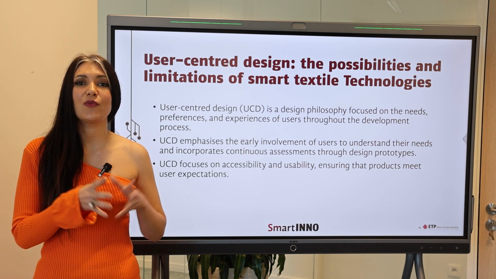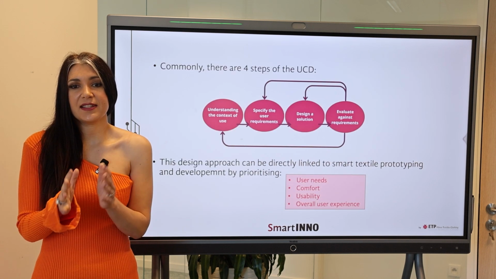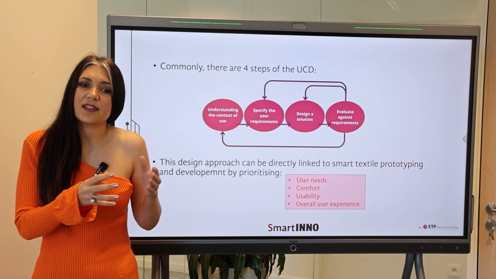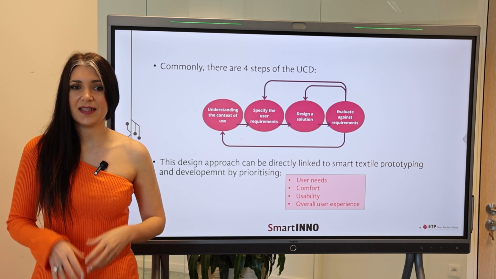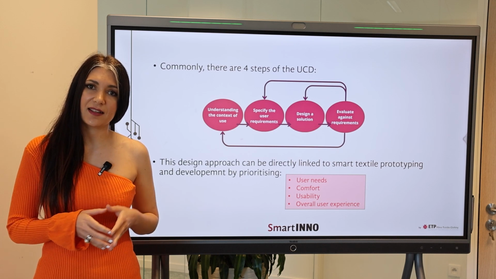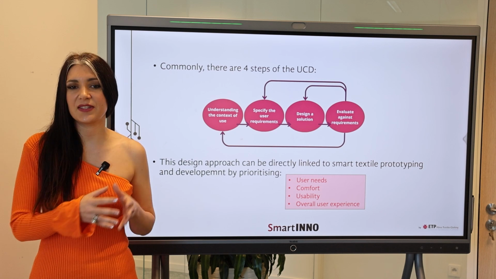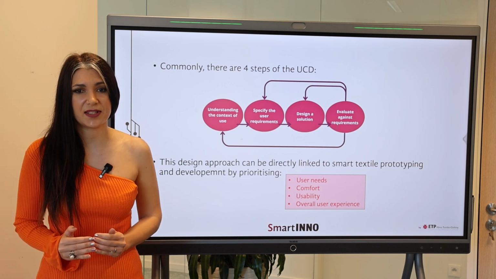Now we're going to move forward to our next slide, defining the 4 steps of UCD. So typically, user-centered design follows 4 main steps: planning, identifying user needs and technical requirements; analysis, doing a benchmarking of the existing solutions and setting design priorities.